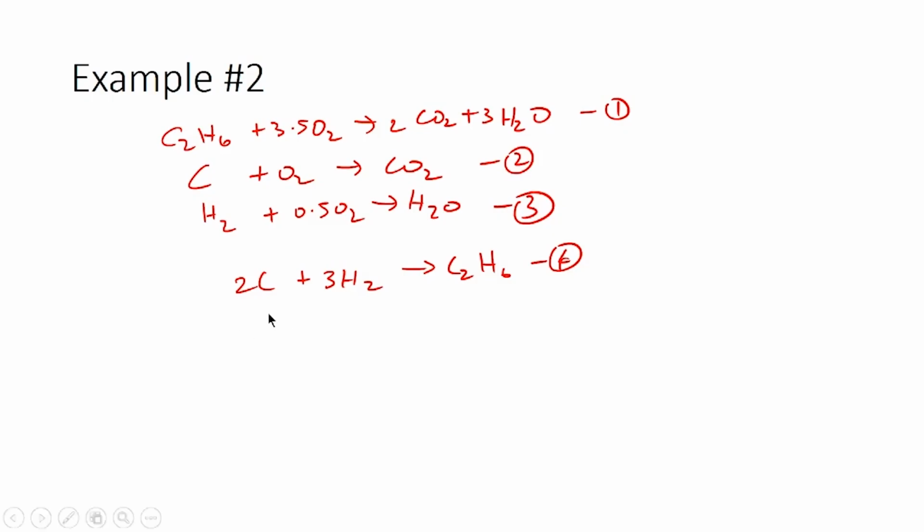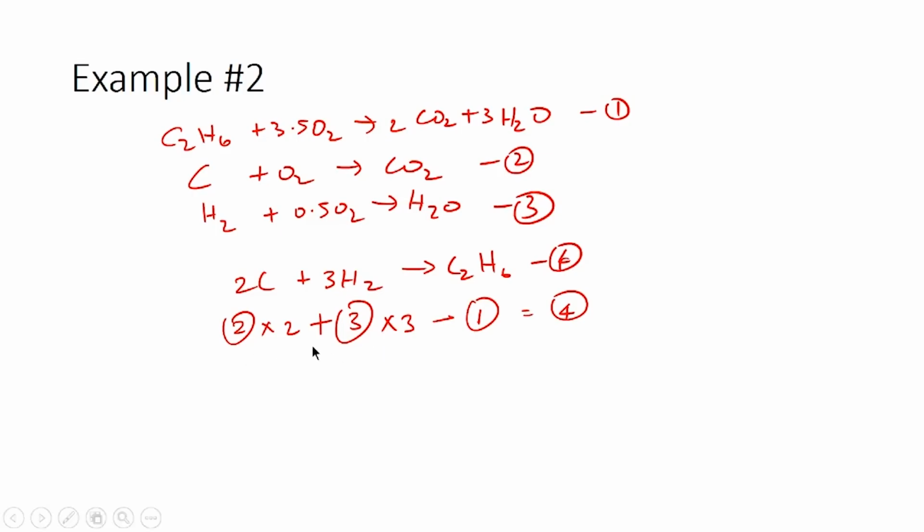If I were to do this particular algebraic operation, which is reaction 2 times 2 plus reaction 3 times 3 minus reaction 1, I would get reaction 4. So, let us see how that would look.